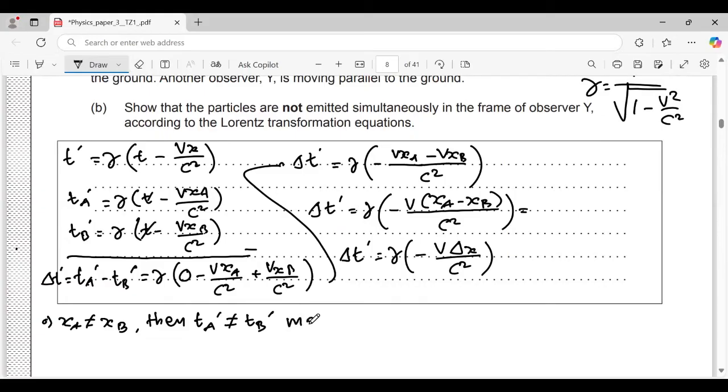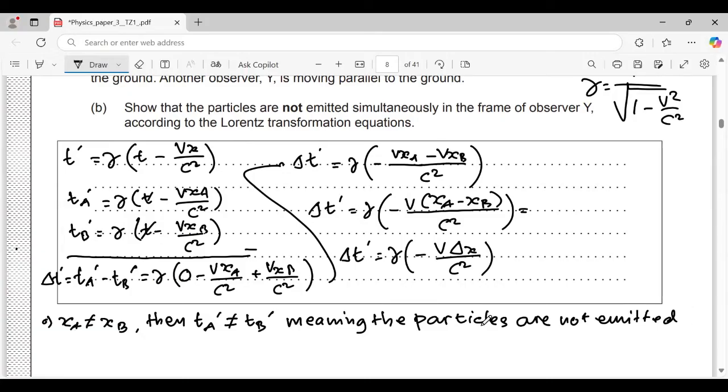It means, or meaning, the particles are not emitted simultaneously in the frame of Y. I forgot to add this information; I was supposed to type it first.